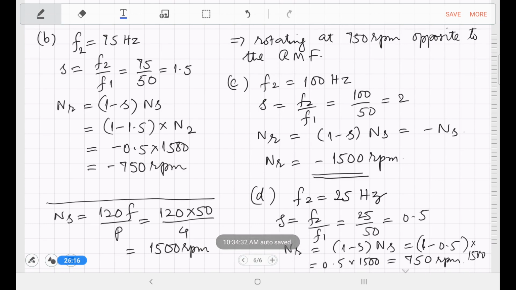So the rotor must be rotating in the direction of the rotating magnetic field at a speed of 750 RPM.